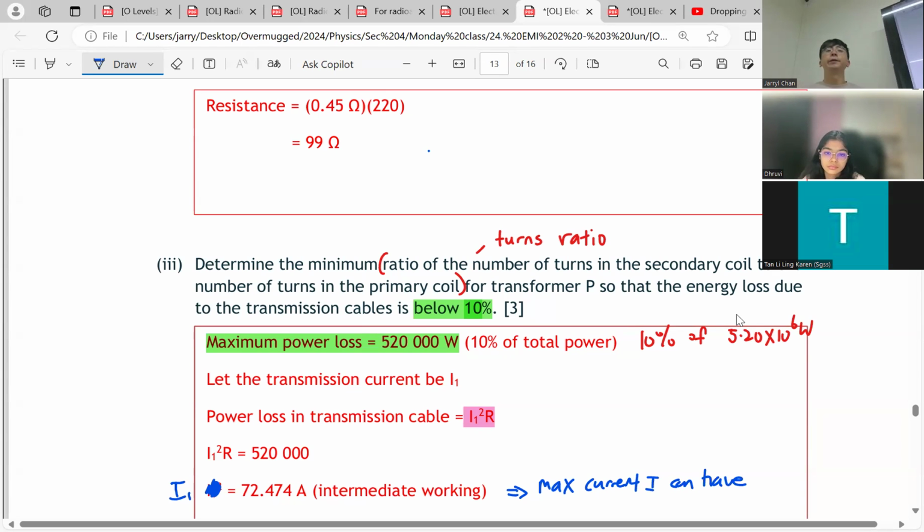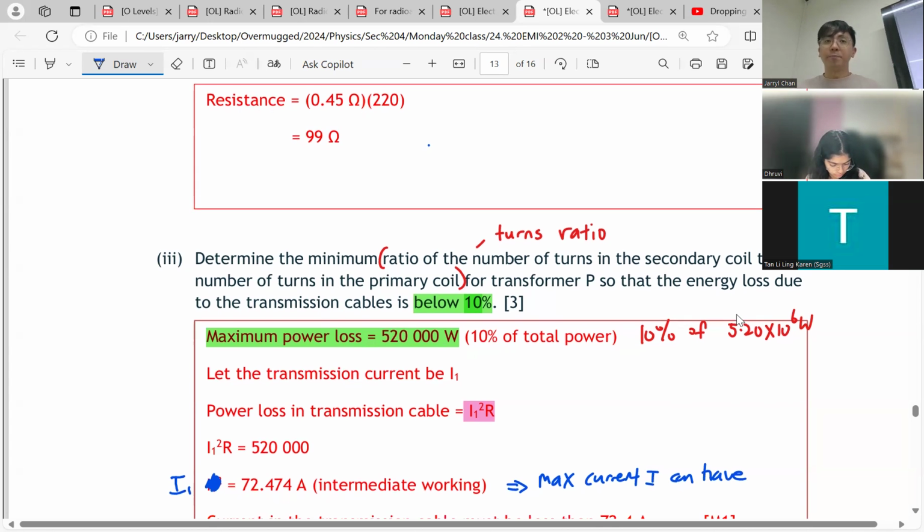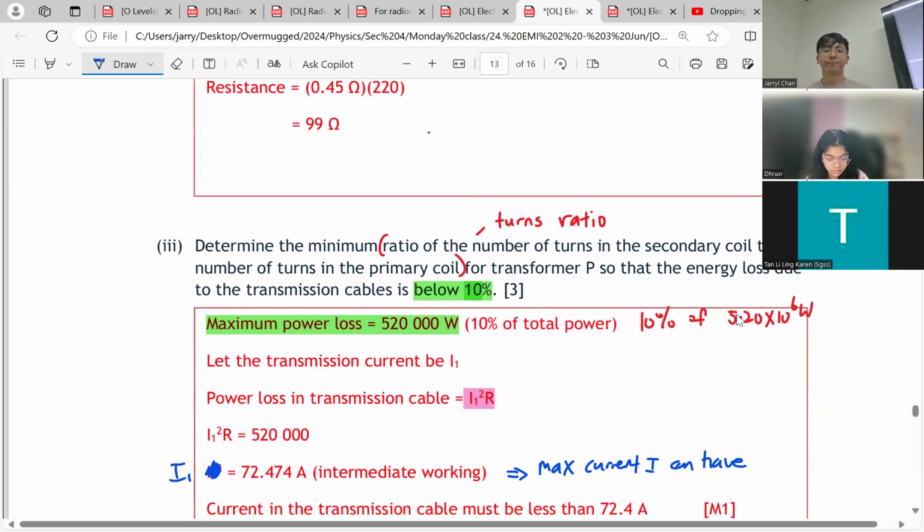Why am I going by the current approach? Because power loss must be calculated with I squared. From this current, I can work one step back to find out the voltage. With this current, how much voltage do I need for this current to come through? From P equals VI.